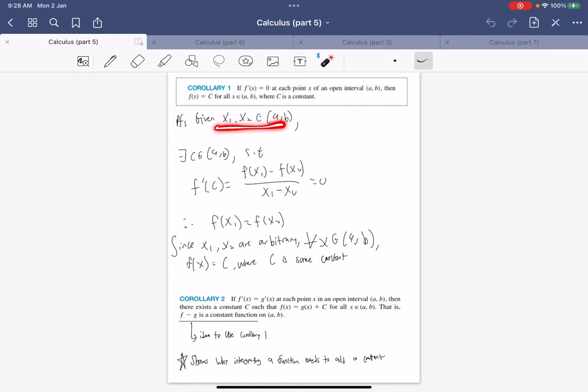Because if we take any 2 points, there exists a value in the interior such that the derivative equals (f(x1) minus f(x2)) over (x1 minus x2), and if this equals 0, it means that f(x1) equals f(x2). And so x1 is arbitrary, and hence f(x) equals c, where c is some constant.